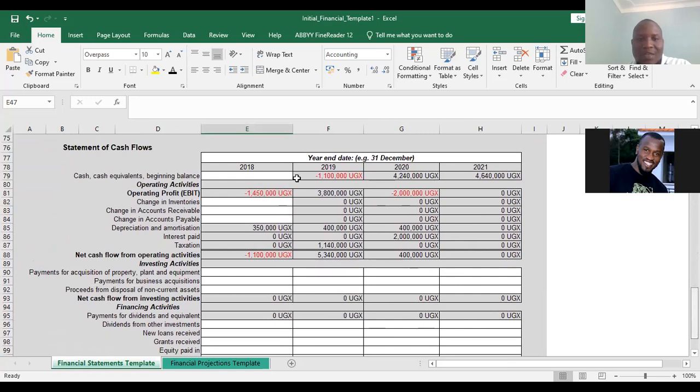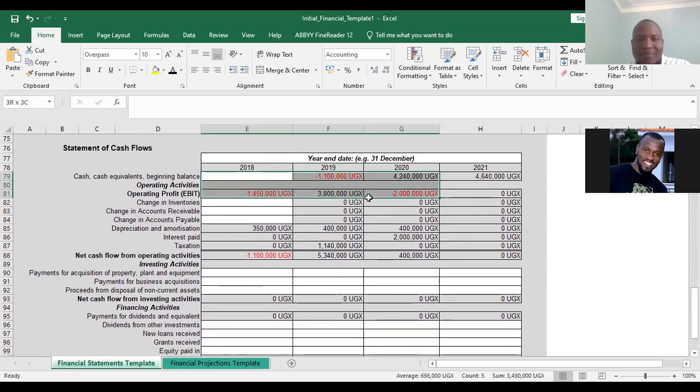I hope you can see on the cash flow below, it was capturing anything that I put on the income statement, in the operations. So you'll find it picks the EBIT, earnings before interest, then it will pick the change in inventories.